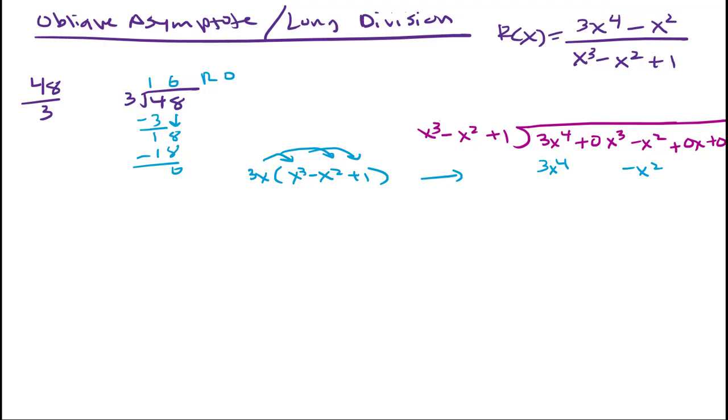Oh, sorry, backtracked. 3x times x cubed gives 3x to the fourth, minus 3x to the third, plus 3x. There we go.